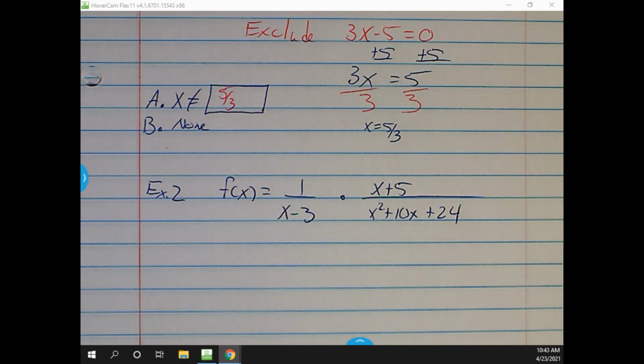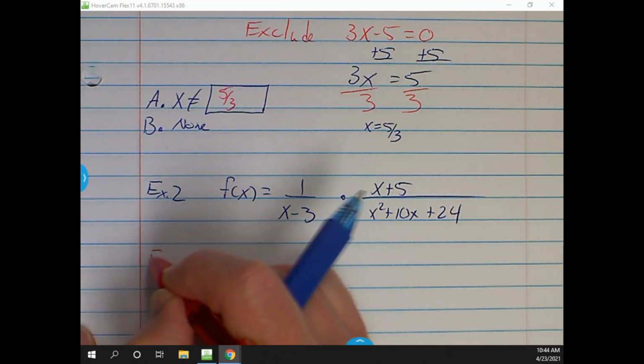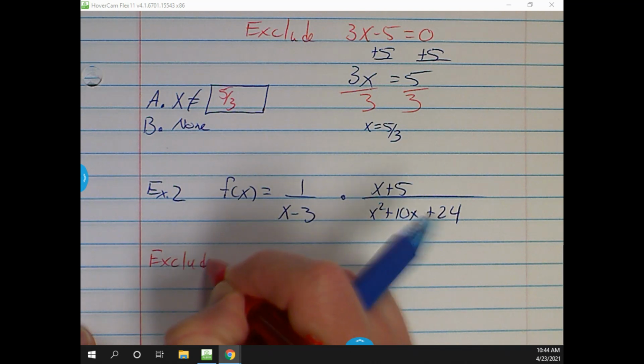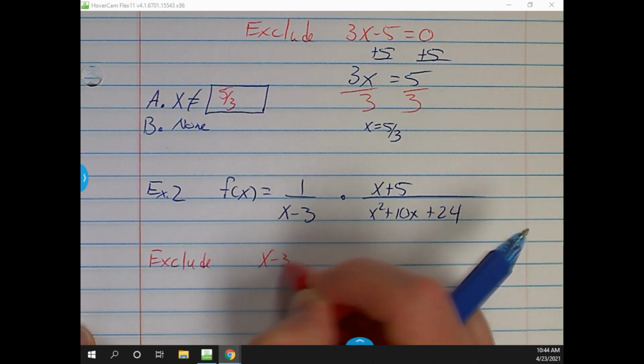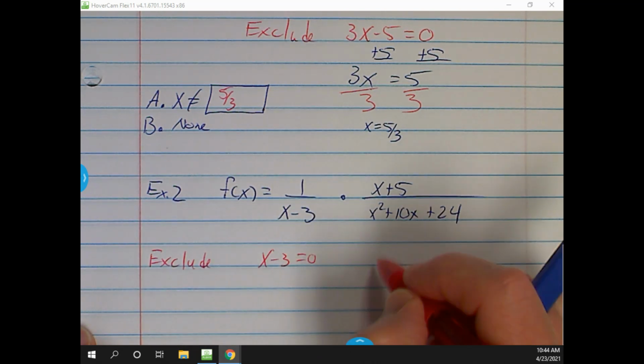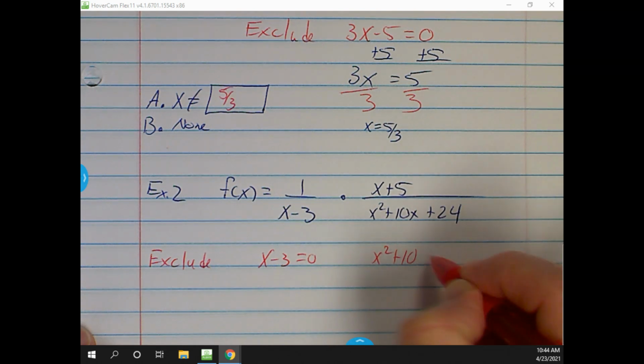If you happen to have more than one denominator like this one has, that just means you've got to exclude both parts. So if you've got two denominators, you're going to set that one equal to 0, and you're also going to set this one equal to 0.